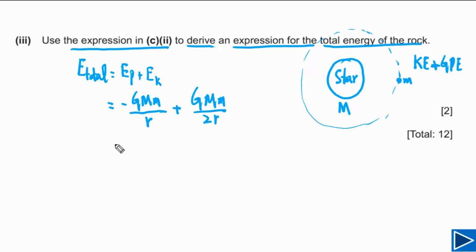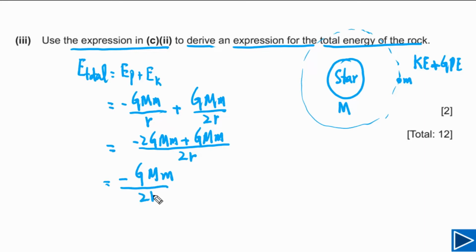Now we simply have to simplify this one. In this case we can take LCM. LCM is 2R, so this one has to be multiplied by 2 because if you divide this one by R you will get 2. So this is minus 2 capital G capital M small m plus we have G capital M and small m. So our final answer in this case is negative capital G capital M small m divided by 2R. So this is total energy of the rock.